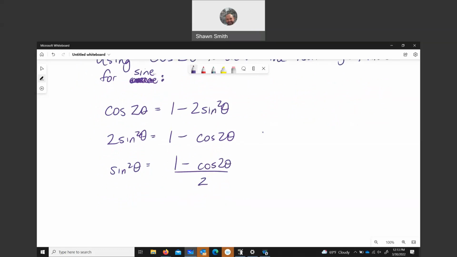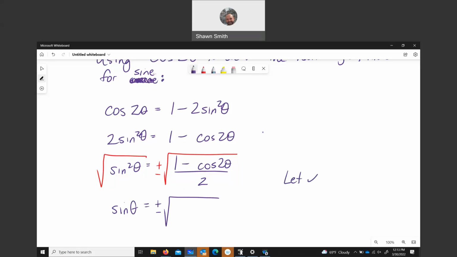Take the square root of both sides. The plus and the minus on the right. So this solves for the sine of theta is equal to plus or minus the square root of 1 minus cosine 2 theta over 2.